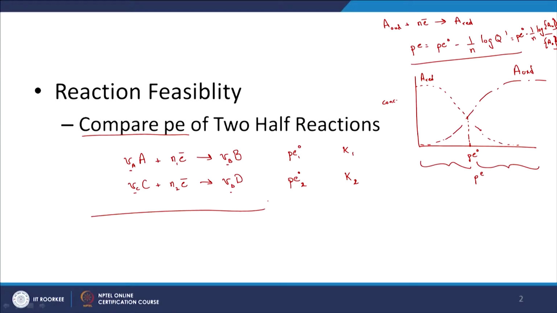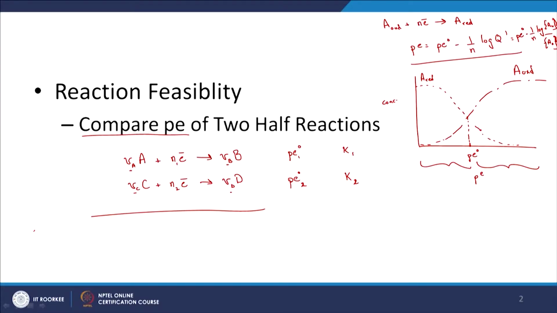Because I have different numbers of electrons involved here, N1 in one case and N2 in the other, I need to multiply the second reaction by minus N2 and the first reaction by N1. So, again let us try to do that and have the overall half reaction, and what is that going to be equal to?